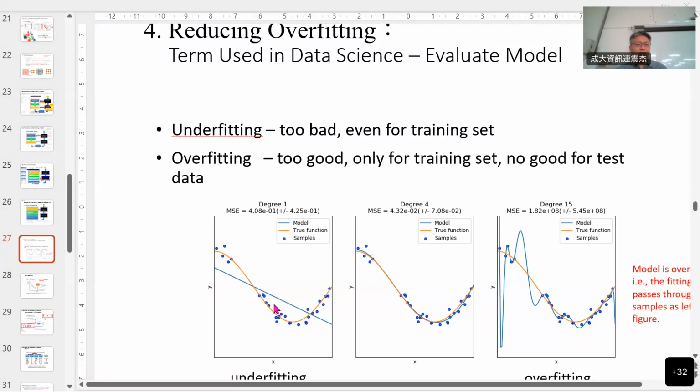Underfitting is this one: your ground truth is the red one, but your model is far away from the result. Overfitting is when you want a perfect result, meaning your curve will pass through each sample.